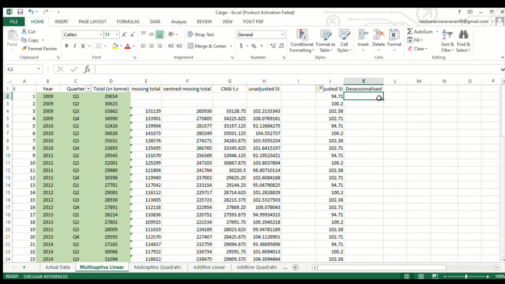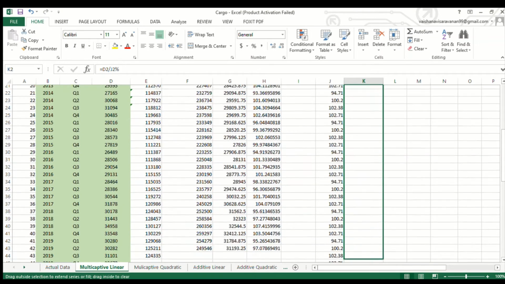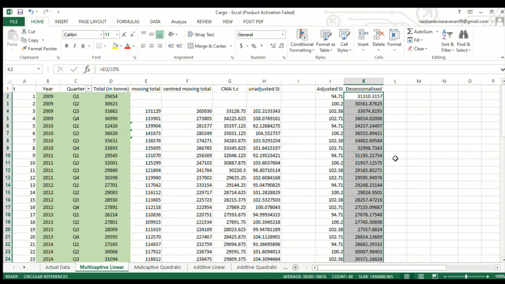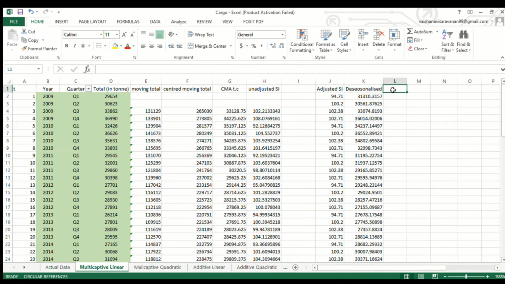Next, we are going to see the values for deseasonalized. For the first value, we are going to divide the actual value by the percentage of adjusted seasonal indices. So we are going to do this till the evaluation part, which is T48. After this deseasonalized value, we can see the trend.